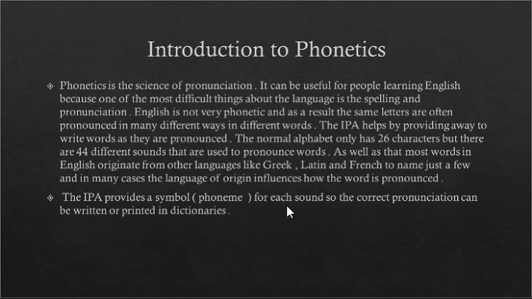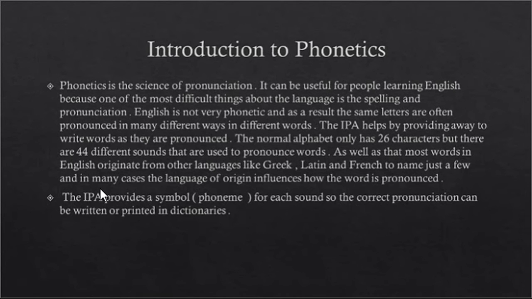Similarly, in the English language, we have 44 different sounds that are used to pronounce words, and for each sound we have a different sign, and we have to learn these signs. It means that for spoken English, you have to learn 44 symbols.